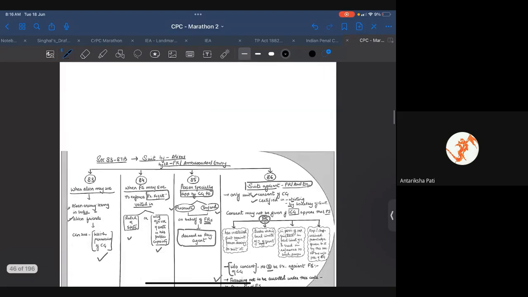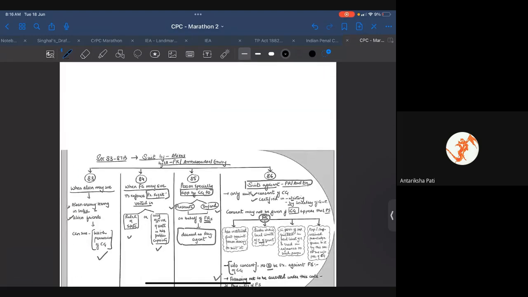Okay. Now, coming to Sections 83 to 87B, which deal with suits by aliens, foreign rulers, ambassadors or envoys. Section 83 says that when an alien may sue: an alien enemy living in India and alien friends can sue with the permission of the central government.